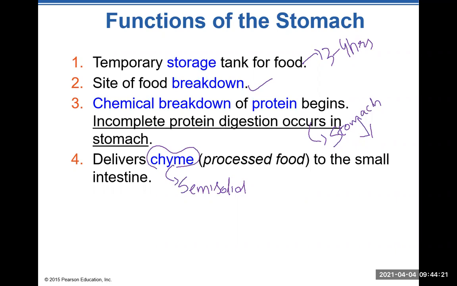Do you eat talbina? Don't know? Okay, you know Cerelac, when you make food for the babies, you mix it in water. It's not solid, it's not liquid, it's semi-solid. So chyme looks like that when it's churned, mixed, partially digested, which is sent to the small intestines.